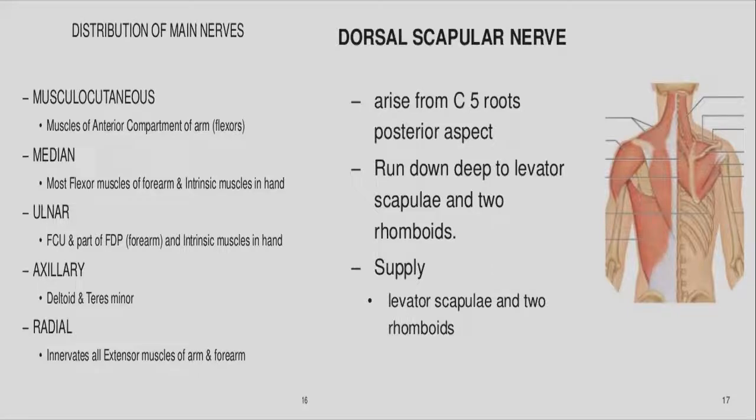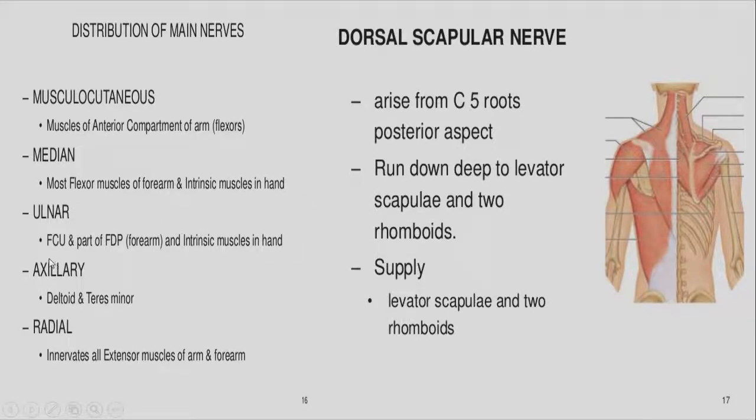And the distribution, I've talked about this already: the musculocutaneous nerve supplies the muscles of the anterior compartment of the arm, which are the flexors. The median nerve supplies most flexor muscles of the forearm, with the exception of the flexor carpi ulnaris as well as the medial half of the flexor digitorum profundus, and it also innervates 5 intrinsic muscles of the hand.